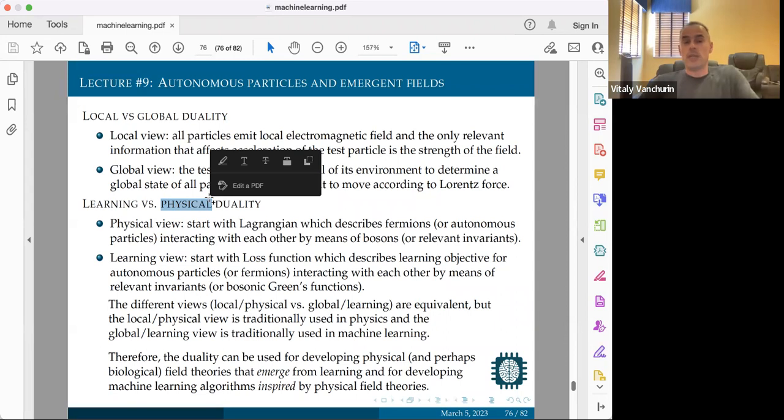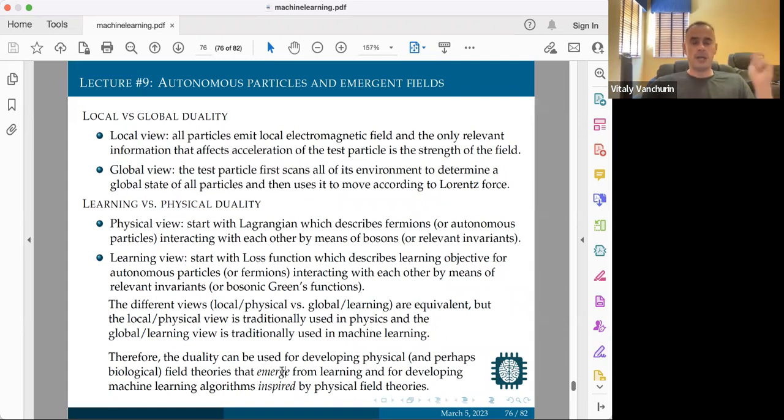Maybe the choice for the invariance that was written was okay, but maybe it can be improved further if we identify the right field theory that describes that. So that's the emergent part of that. The main point here is that those two pictures are dual and they can help each other. You can use the physical picture to develop algorithms, and you can use the learning picture to develop theories of whether it's physics or biology or whatever.